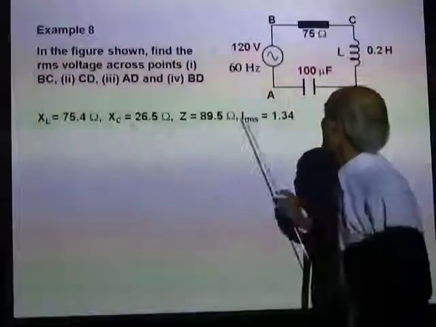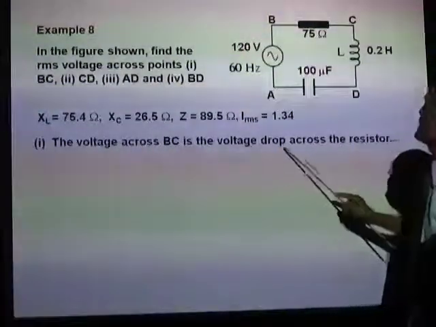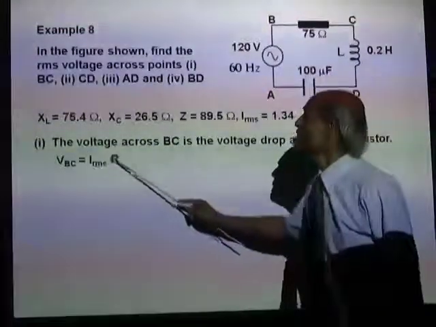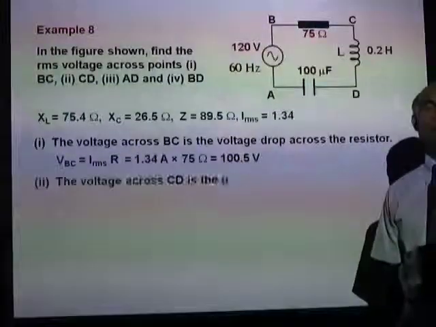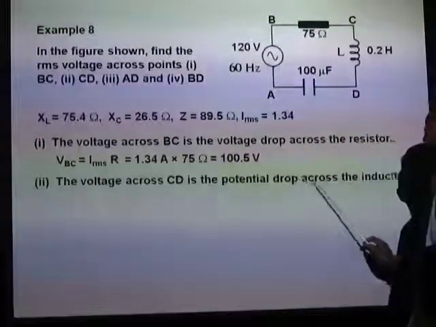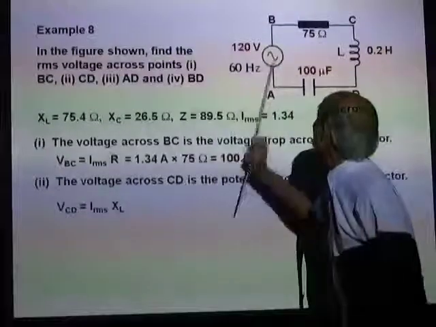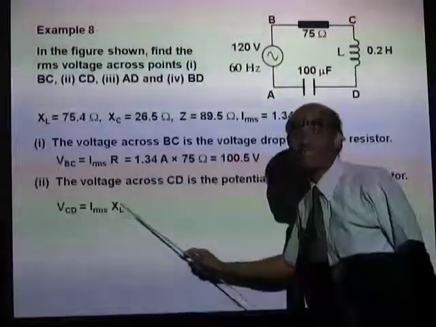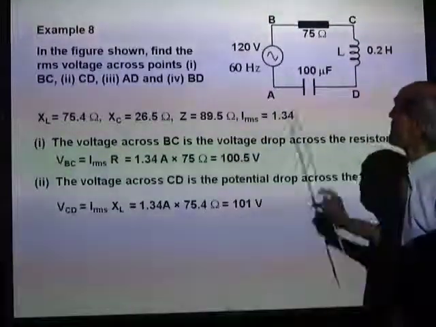So we have all these. The voltage across BC is the voltage drop across the resistor. VBC is IRMS times R, which is 100.5 volts. The voltage across CD is the potential drop across the inductor, which is VCD is IRMS times the inductive reactance, we have those values.